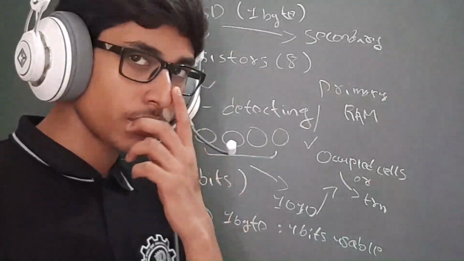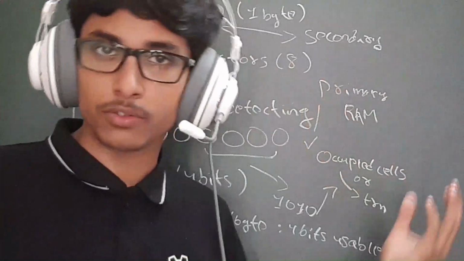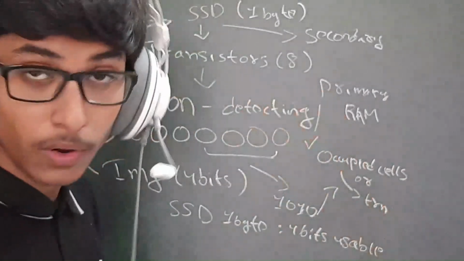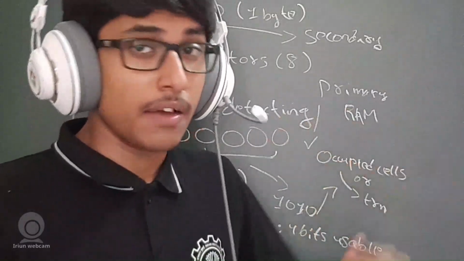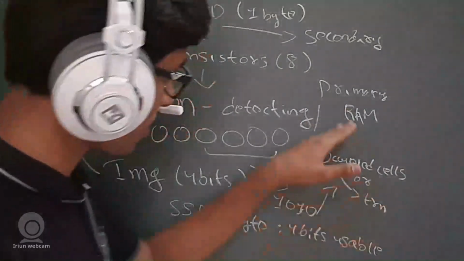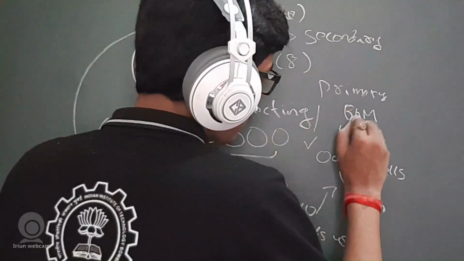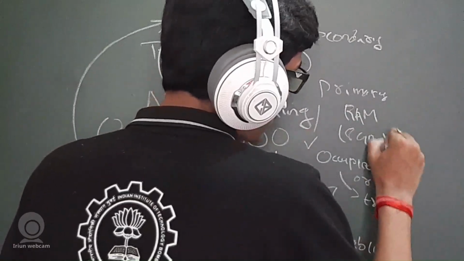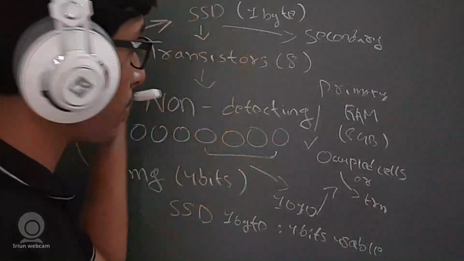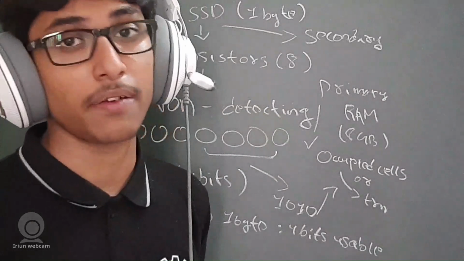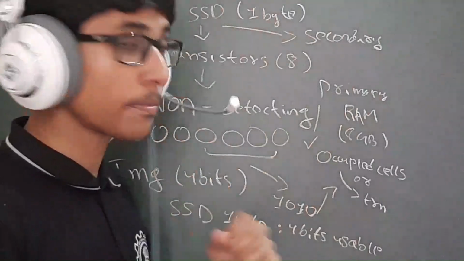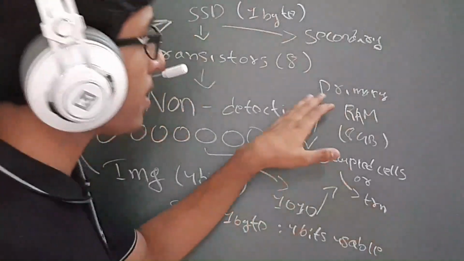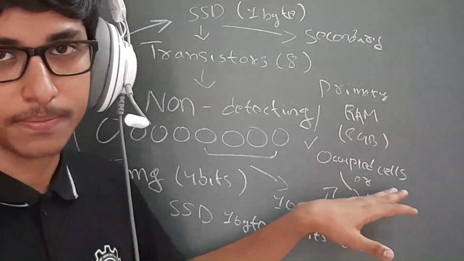Whenever you turn on your computer, RAM is being used without permission. Also, RAM is volatile. Volatile means the memory it accesses will be fully removed. That's why they have less space. 8 gigs of RAM, 16 gigs of RAM is enough. But you buy a 1 TB SSD, a 512 GB SSD, because that data is going to be stored on a permanent basis. But here the storage is not permanent.